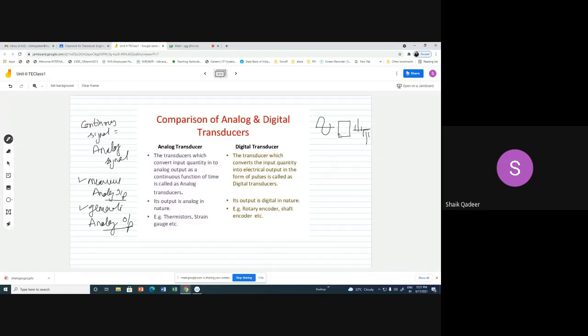Using a device called a sample and hold circuit, which you will learn about later. What do you mean by this type of signal? Can you identify this signal? What does this signal mean?